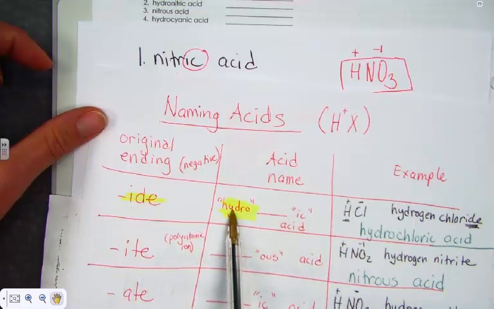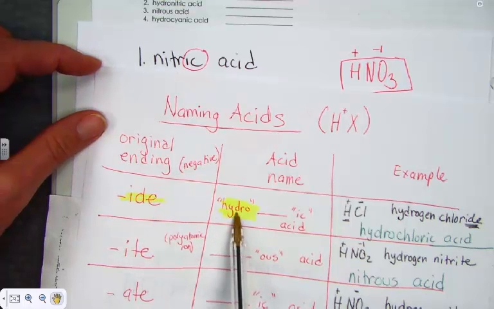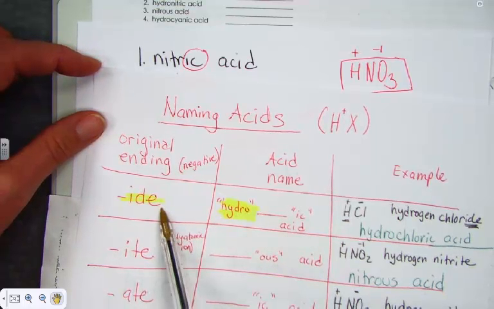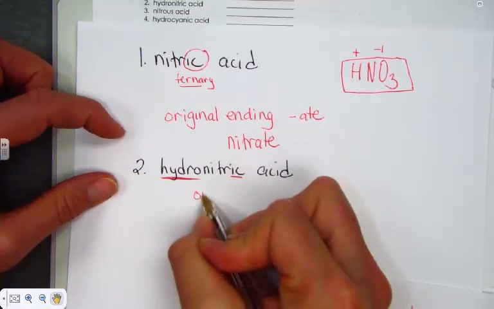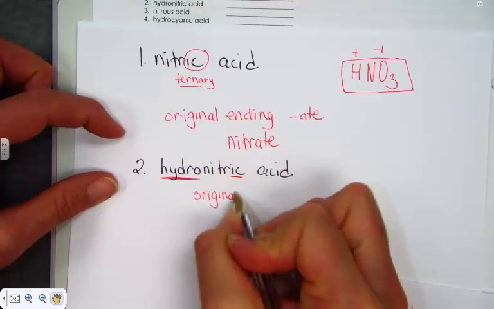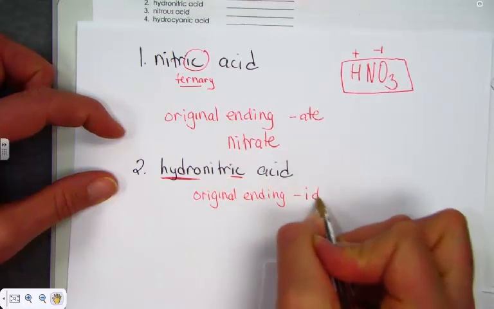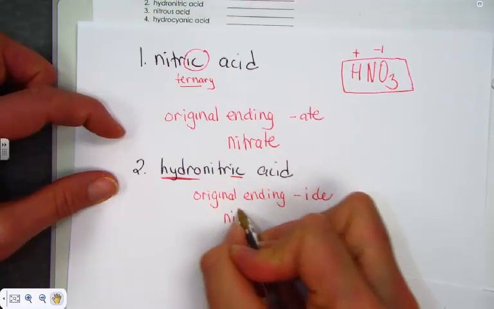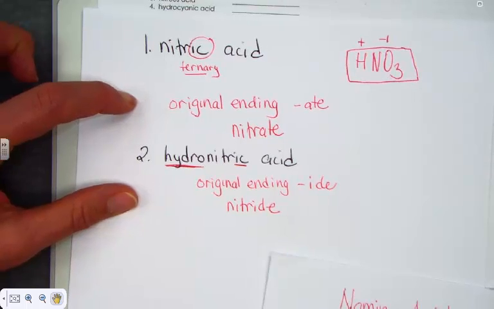Hydro is the first thing I hear, and therefore the original ending must have been "ide." Hydro, root word ic, comes from an original ending "ide." So that means if the original ending were ide, we're trying to write a formula for the negative ion nitride.